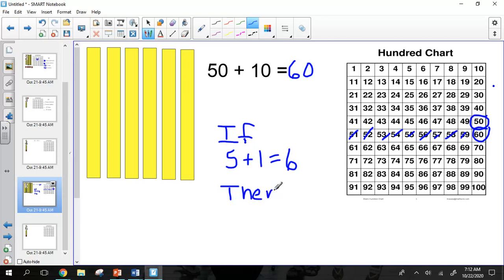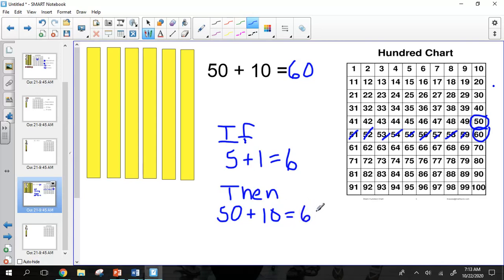So if I know 5 and 1 is 6, then I can do 50, where it's 5 tens. Remember, 50 is 5 tens, and 1 ten. Say that with me. 50, 5 tens, plus 10, which is 1 ten, makes 60.